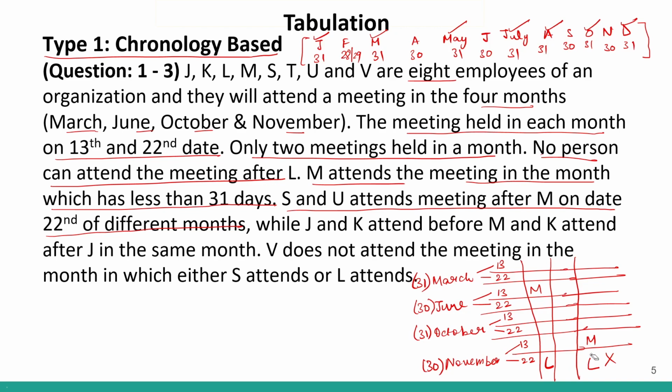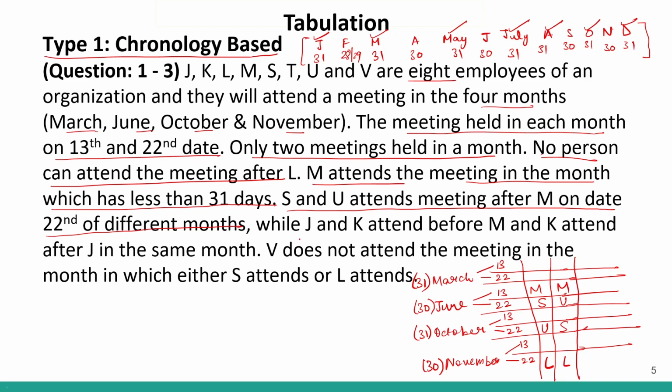So now I am erasing the possibilities that are not correct. Let's say we have L here. Now I have the other 2 possibilities. Either S visits here and U visits here, or U visits here, S visits here. Correct? Because S and U attend the meeting after M on 22 of different months, but who attends first and who attends later is not given to us.